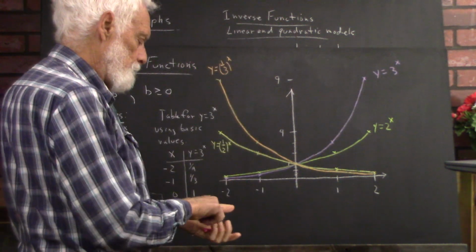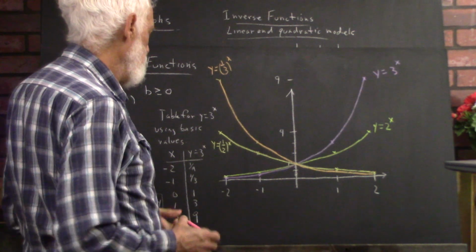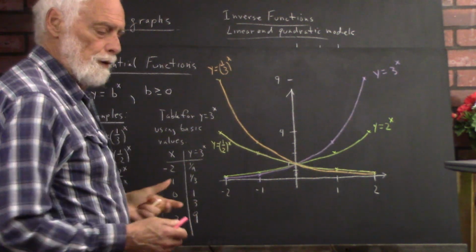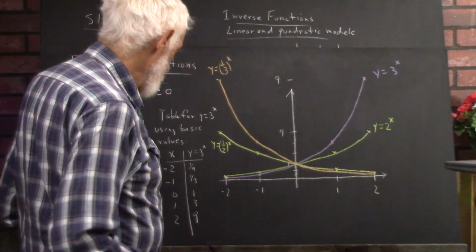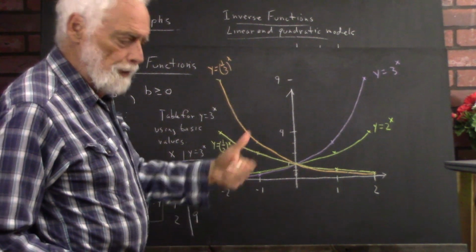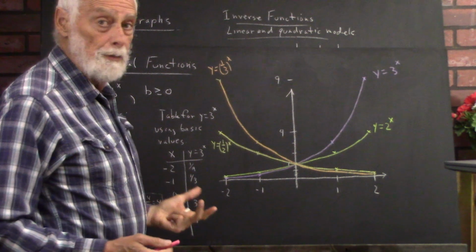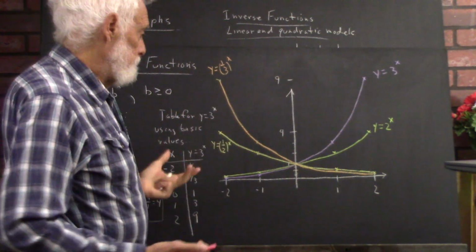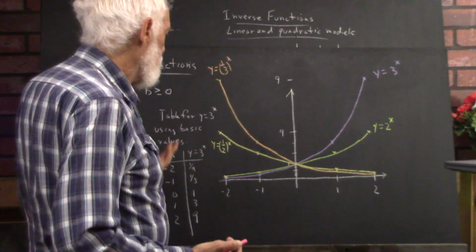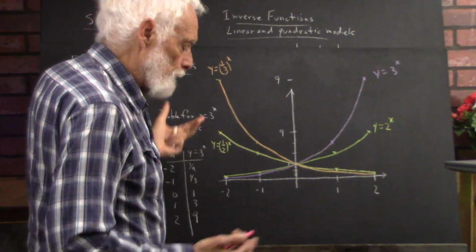Now, the one thing that's going to be very relevant, because we're moving into analysis of finance, which will also give us some idea of how population models, epidemics, and so forth behave, radioactive decay.